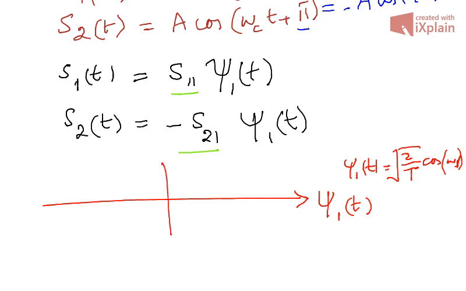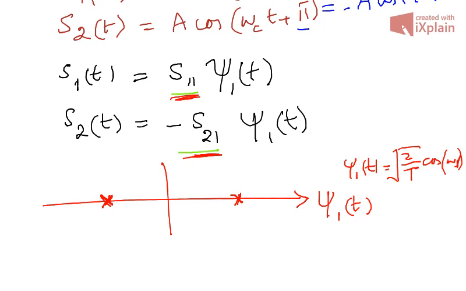If you draw it on the axes, we do not need psi2, because you can just represent a point here which is positive S11 times psi1 of t. Similarly, you have a negative point for psi1.